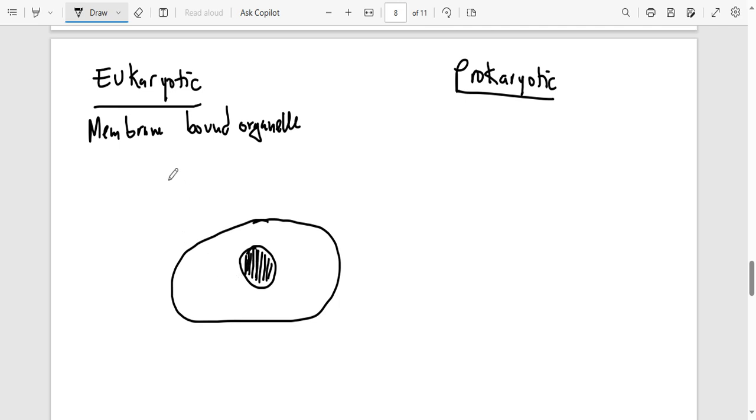Now, we are saying that for eukaryotic cells, these organelles, these things that you find in a cell, are going to have a membrane, just like the cell itself has this structure surrounding it. That is what we call a membrane. Same with these structures inside the cell, they are also going to have membranes surrounding them.